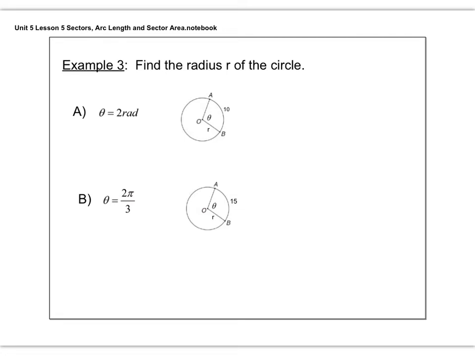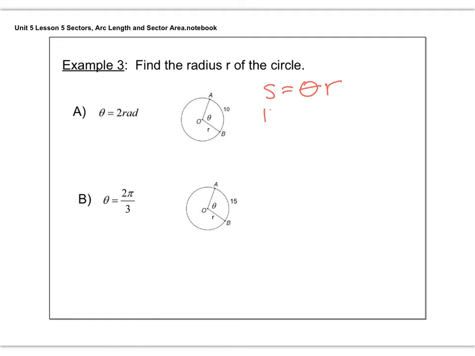Okay, so same idea, but this time we are given the length of the arc and the angle measure, and we're going to be solving for the radius. So think about your formula for the length of an arc if you're given your angle in radians. The length of the arc equals the angle times the radius. Let's fill in what we know.